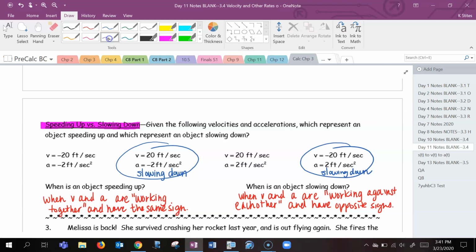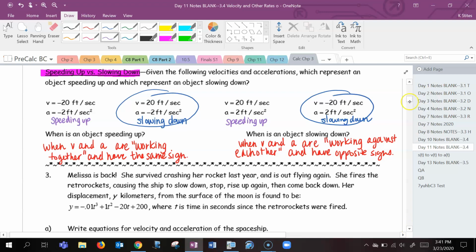However, if you have velocity and acceleration going in the same direction, they're working together, and that's going to be speeding up. Okay, so it's actually really easy to tell whether you're speeding up or slowing down. If the signs of your velocity and acceleration are the same, you're speeding up. If they're not the same, you're slowing down. That's it.